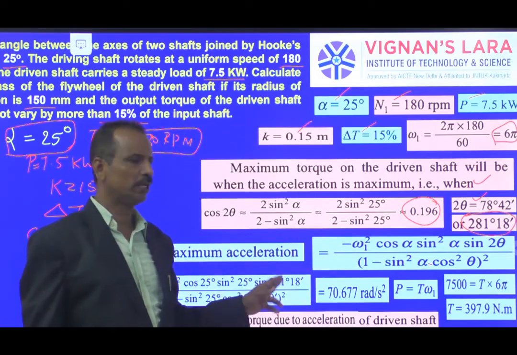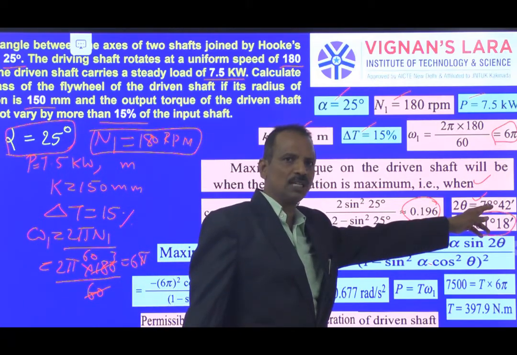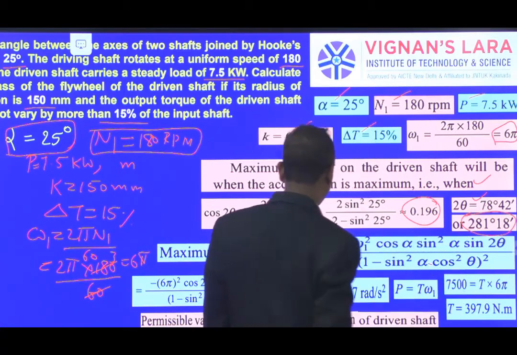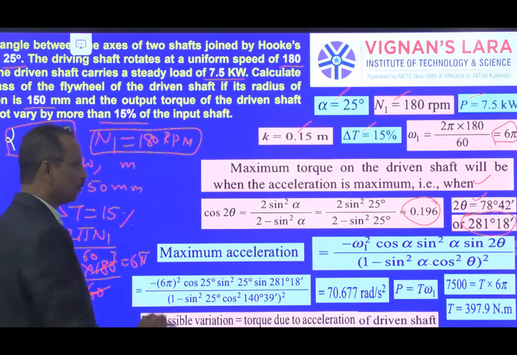Negative by positive you get negative, that is when you substitute 78 degrees. So for maximum, I will substitute 281 degrees.